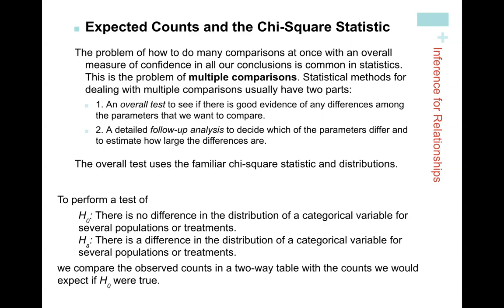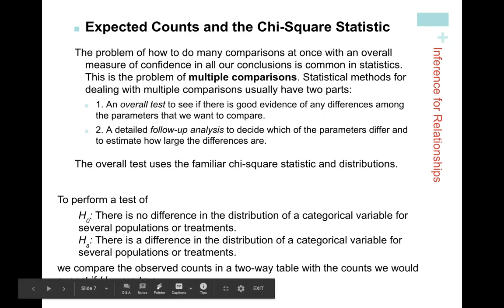Your null is always a statement that there's no difference in the distributions of the categorical variable for those several different populations. In other words, homogeneous, no difference. The alternative is that there is a difference. Again, this is not how you're going to be writing these, but that's conceptually what they're saying.